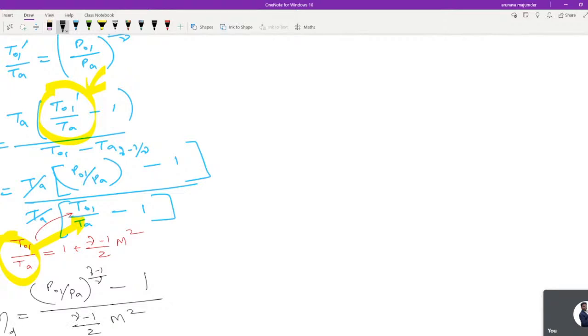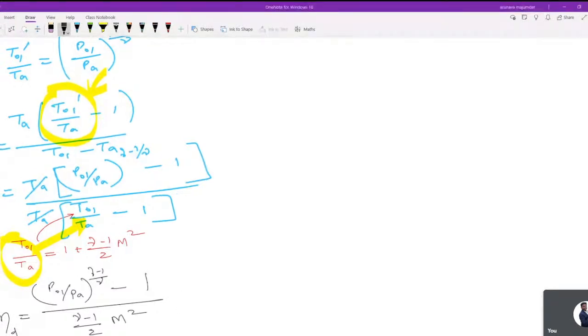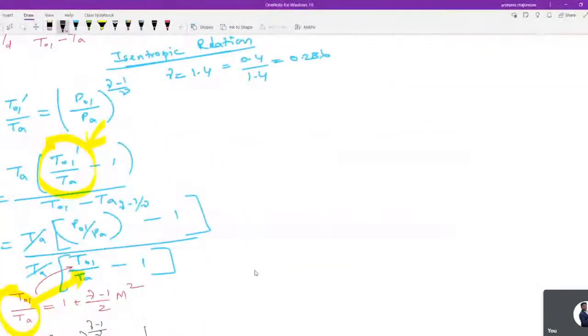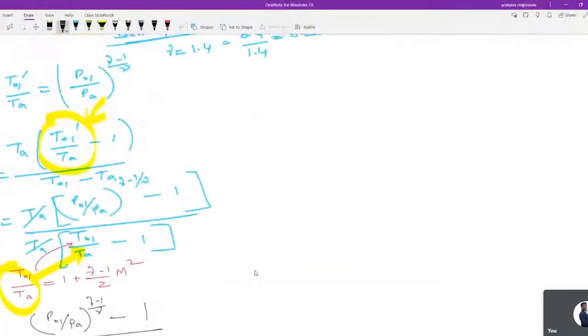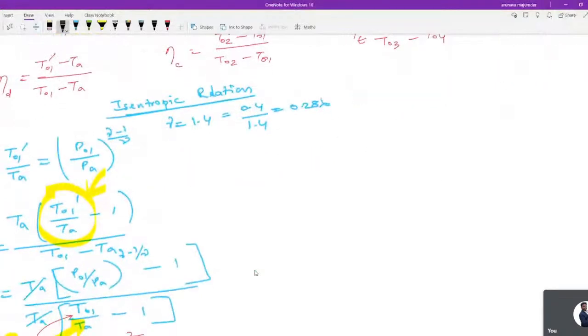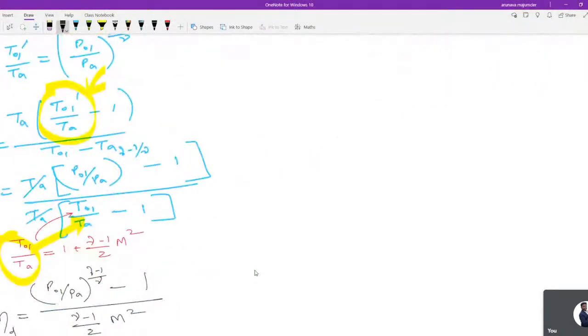So by remembering a few of the equations, you can easily solve the rest of the thing. It is going to be much easier, right? So just let me know, is it easy to remember? I hope you don't have to remember a huge number of things.